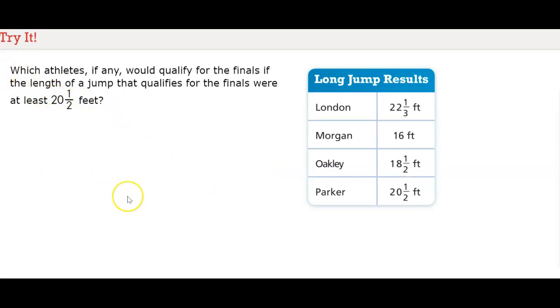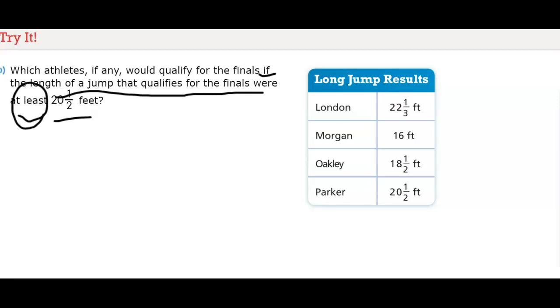Which athletes, if any, would qualify for the finals if the length of a jump that qualifies for the finals were at least 20.5 feet? If the length was 20.5 feet, the key term here is at least.